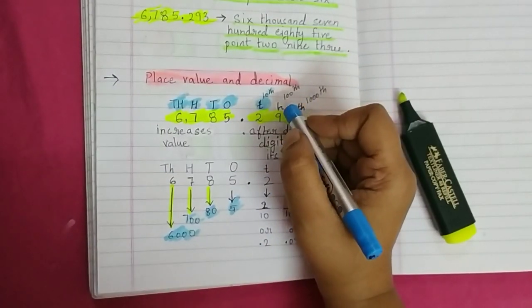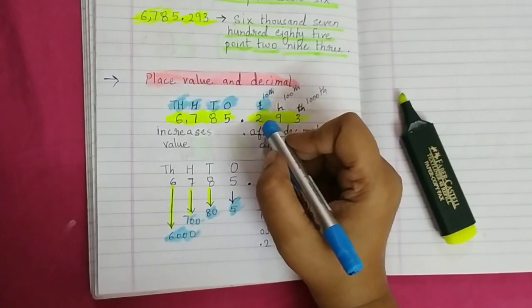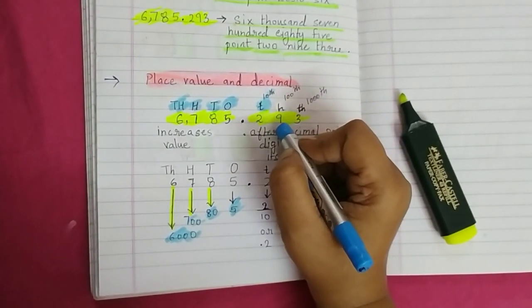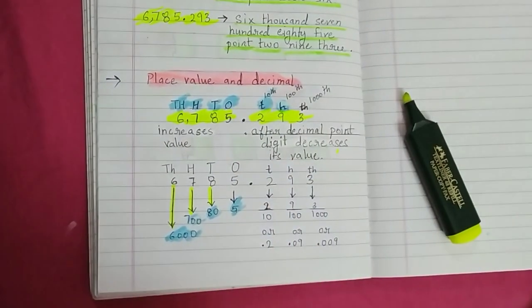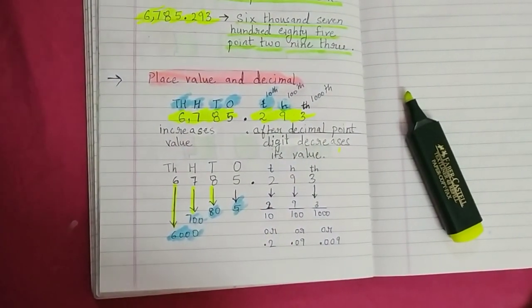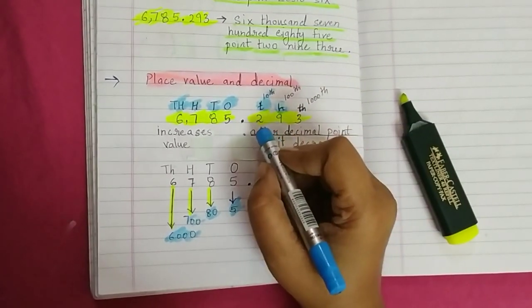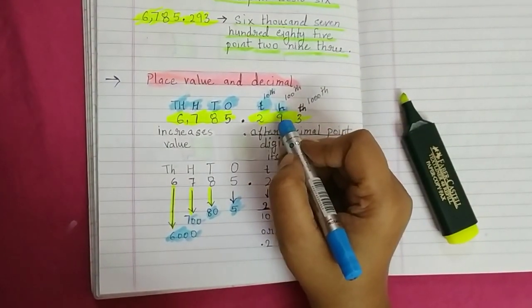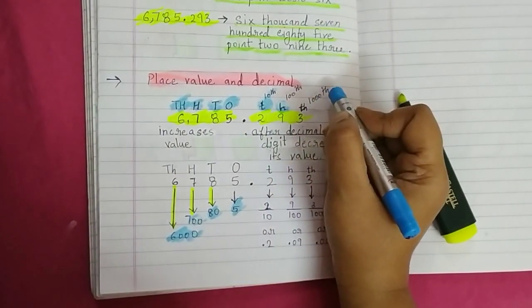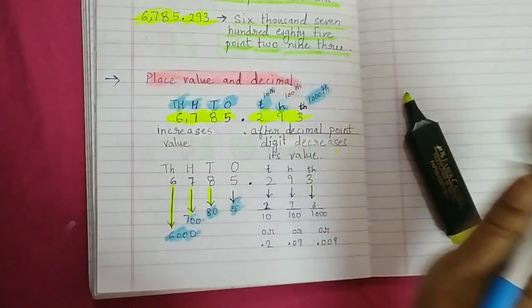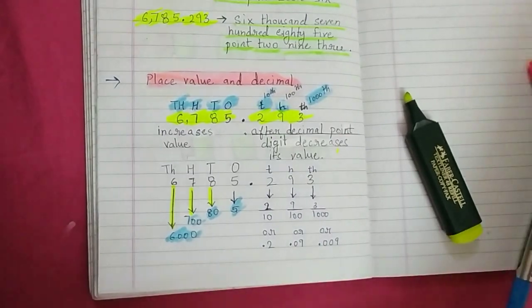After the decimal, the second digit, which is 9, is at hundredth place. The third digit, 3, is at thousandth place. Now children, have you marked this?